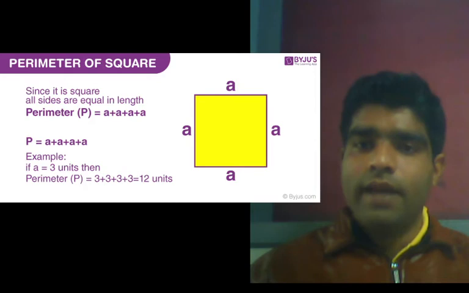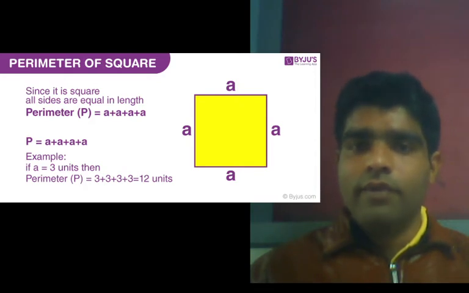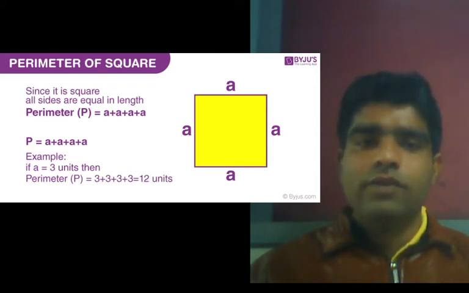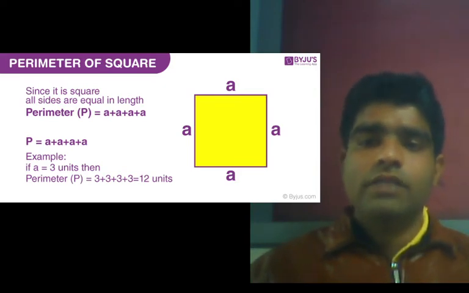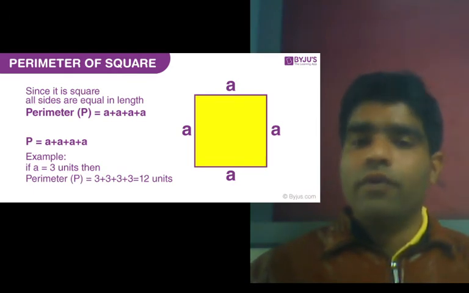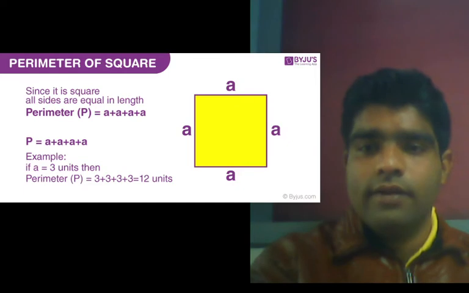The perimeter is equal to 4 times a, because 4 multiplied by 3 is equal to 12. Otherwise, you can also directly solve perimeter P is equal to 3 plus 3 plus 3 plus 3, which is equal to 12 units. So the correct answer is 12. This is a general instruction regarding the perimeter of a square.